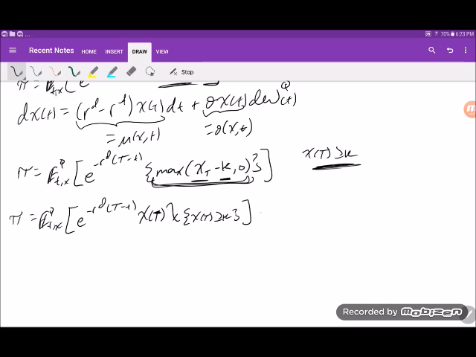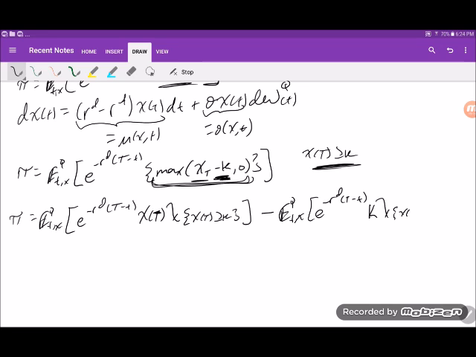And then we also have minus, so now we're doing this part. Minus the same idea, e^(-r_d (T minus t)), and this time K, times the indicator function.